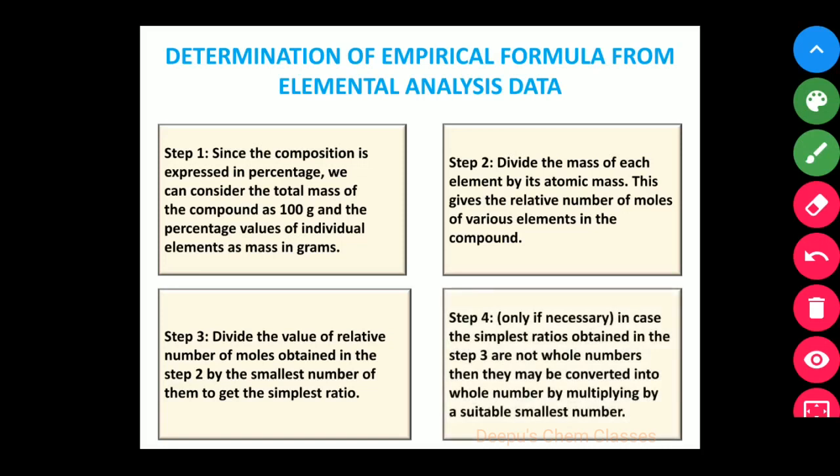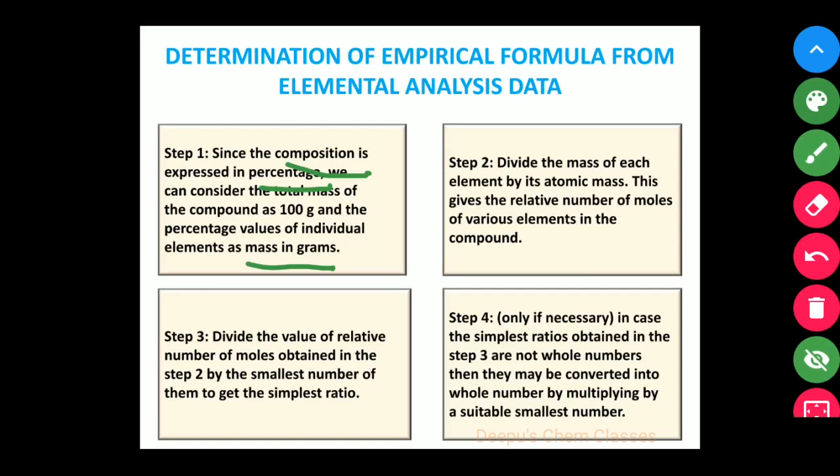If the simplest ratio we are getting is not a whole number, then we have to multiply the simplest ratio by a suitable number to convert them into whole numbers. Do you understand? So let us recall once. First step, we have to indicate the composition in terms of mass percentage.